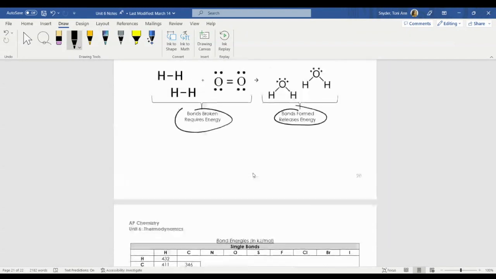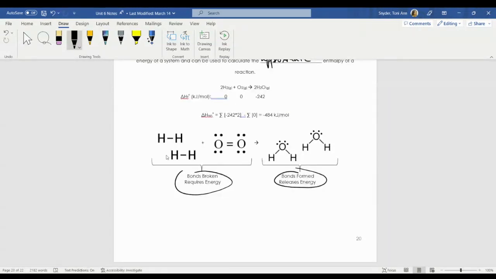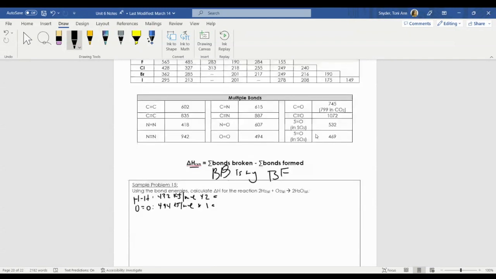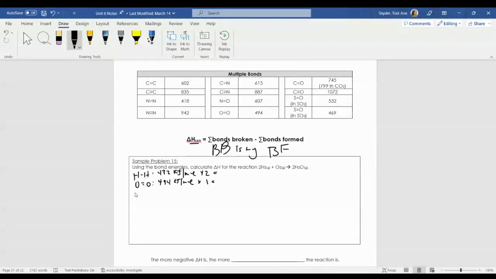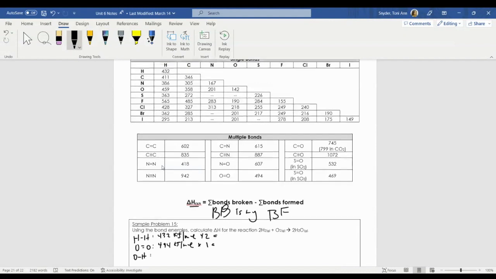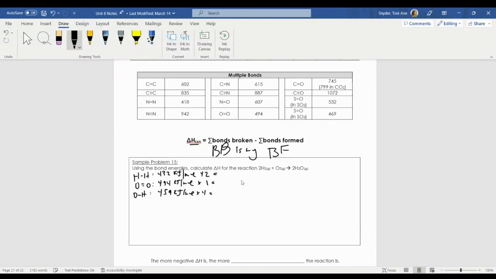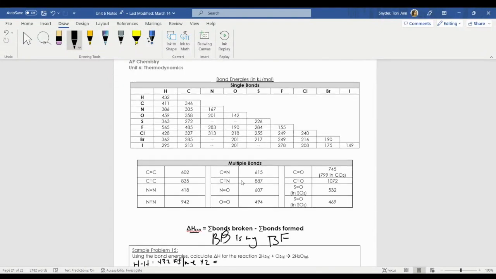In order for this reaction to occur, 2 molecules of H2 react with 1 molecule of O2 to give me 2 molecules of H2O, but in my products, I have 4 oxygen-hydrogen single bonds. Here I have an OH bond. If I look above, oxygen bonded to hydrogen is 459 kilojoules, and I've got to times that by 4 because there are 4 of those bonds.